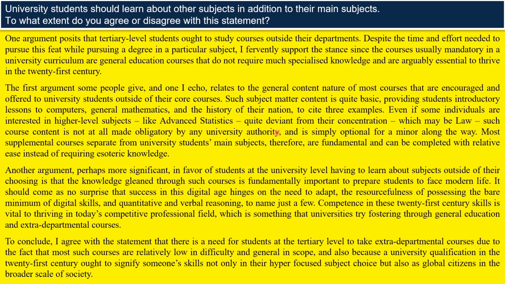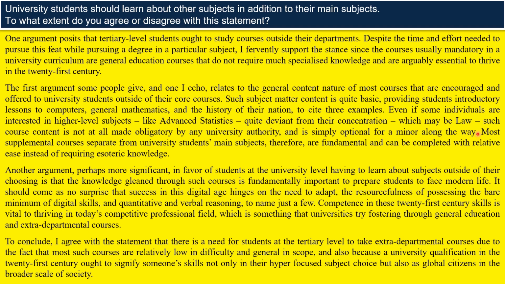Even if some individuals are interested in higher level subjects like advanced statistics, quite deviant from their concentration, which may be law, such course content is not at all made obligatory by any university authority and is simply optional for a minor along the way.